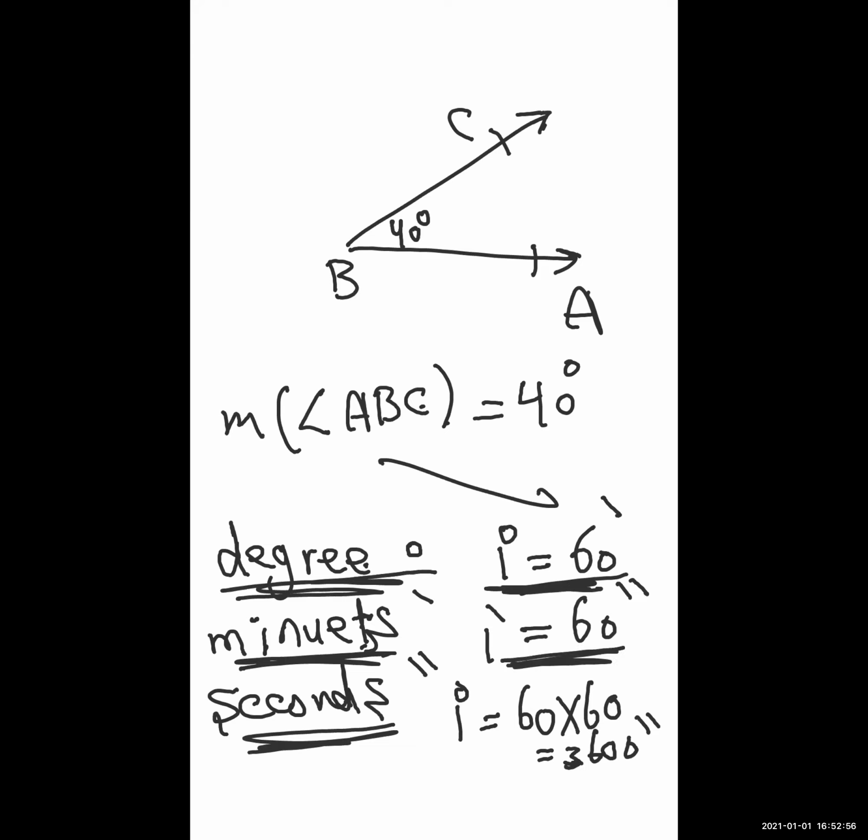The next point will be about the types of angles according to their measurement. The first one is the zero angle, like this one.